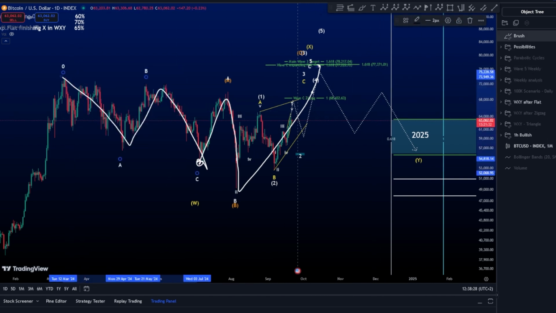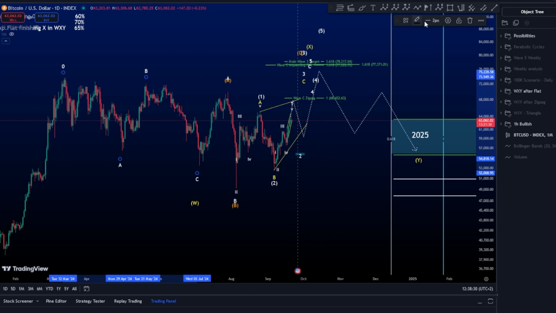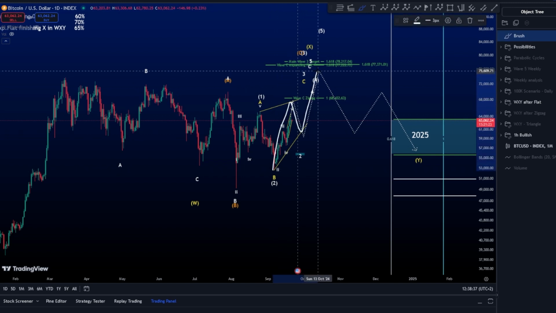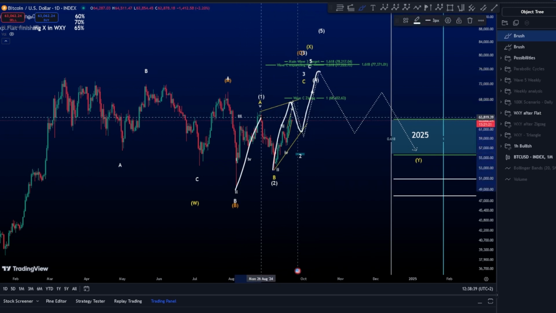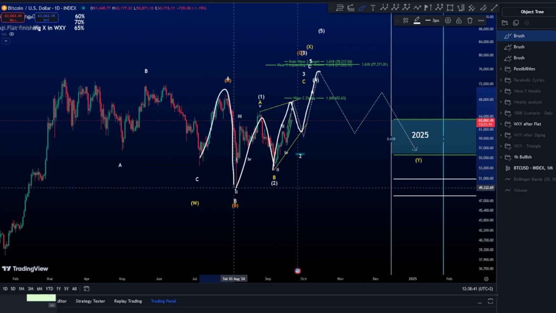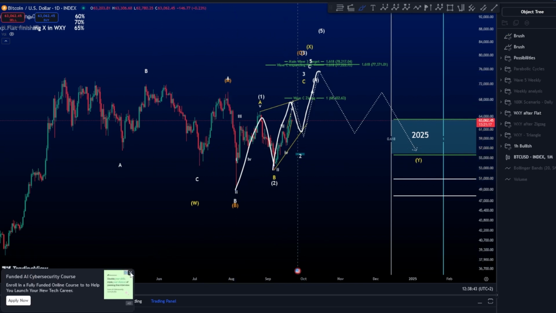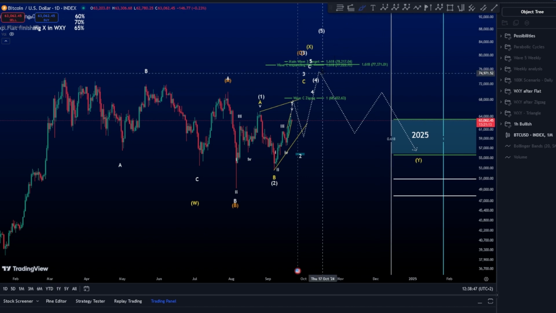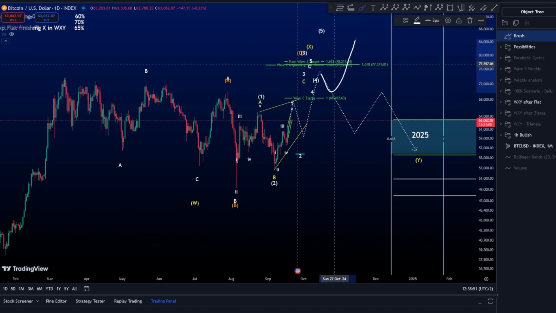However, if this one reaches this high and then moves back down in just 3 waves like this, it means it has finished a diagonal, A, B, C, okay? In that case, you want to see a retracement, but not so much if you are bullish. If you are bullish, you want to retrace a little bit in 3 waves and then move up.